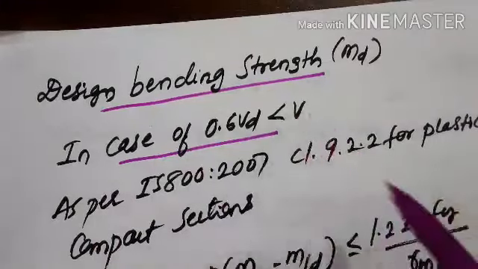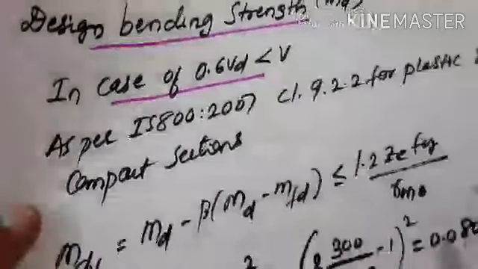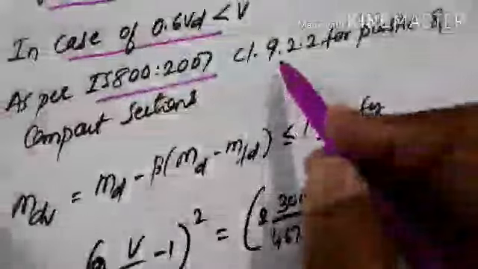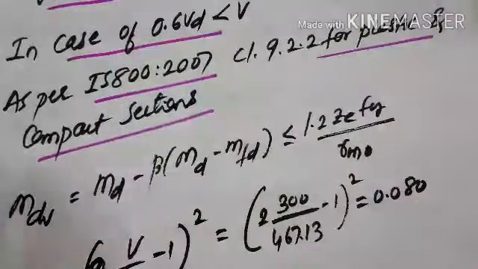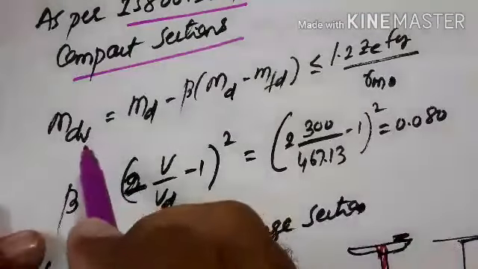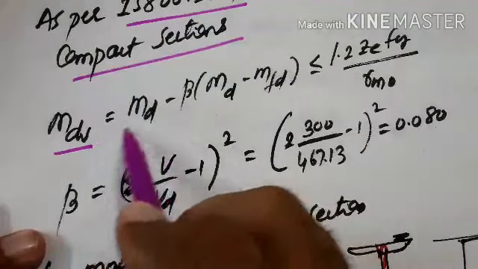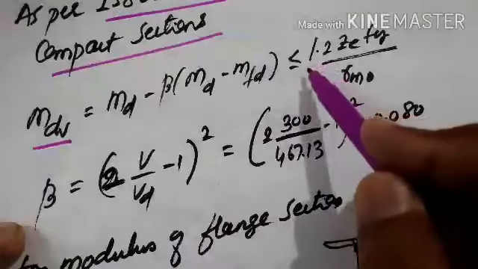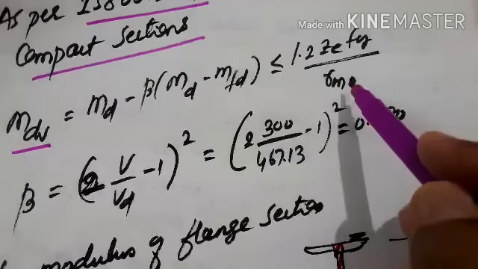In case of high shear, that is 60% of Vd is less than V, as per IS 800:2007, if you refer to clause 9.2.2 for plastic and compact sections, the design bending strength can be calculated by using this formula: Mdv equal to Md minus beta into (Md minus Mfd), less than or equal to 1.2 Ze into fy divided by gamma m0.